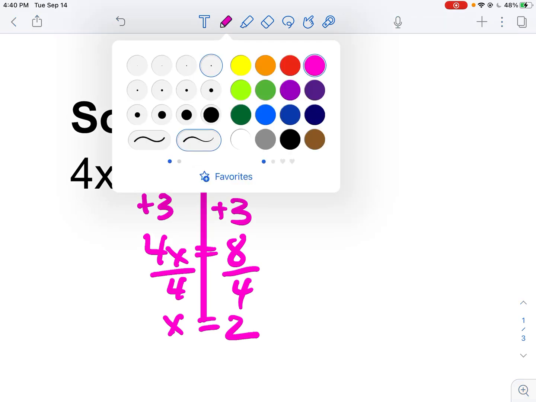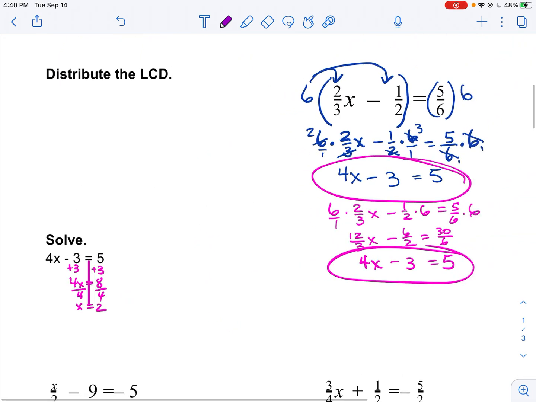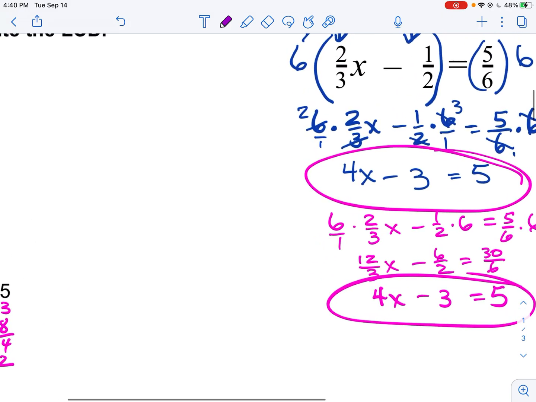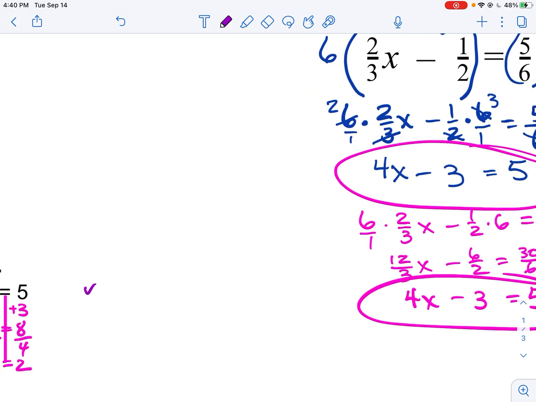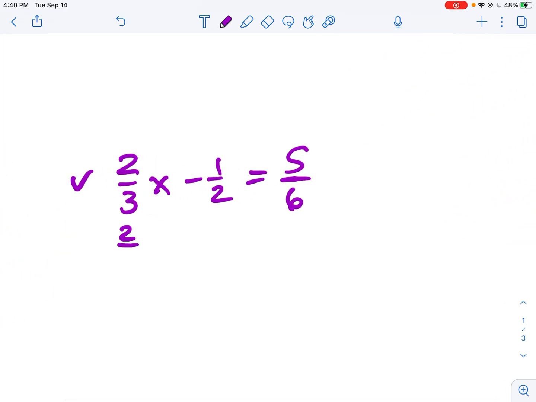Now you can check your answer just like we've done all the checking on all the other ones. So 2/3 x minus 1/2 equals 5/6. 2 is the x value.